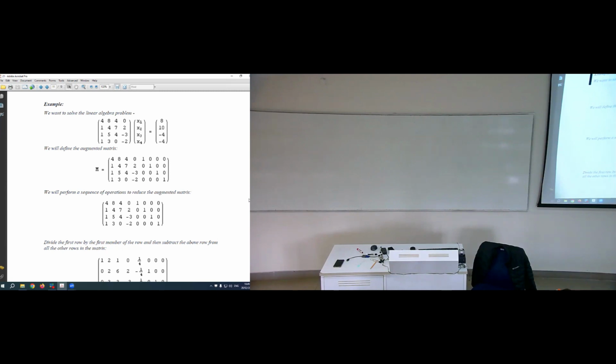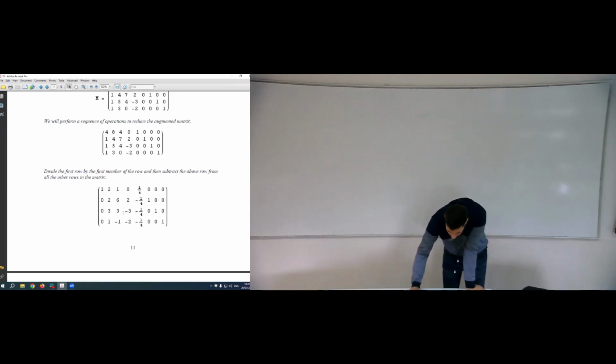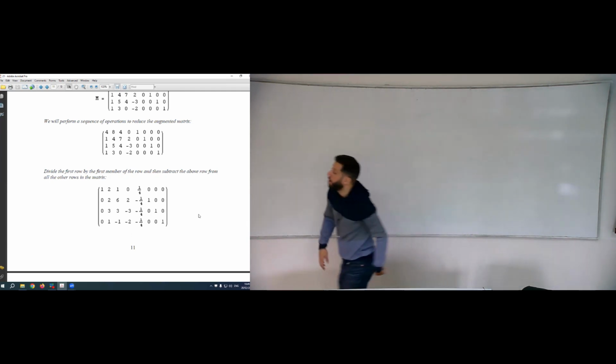I will be left with the matrix itself, and now I will take this row minus 4 multiplied by this row, because all of these are 1s. And then I get to this 4.